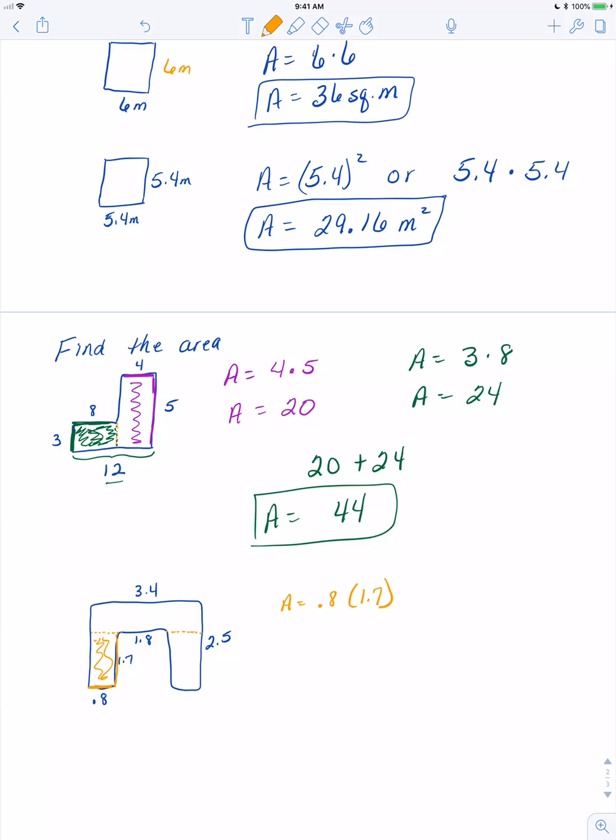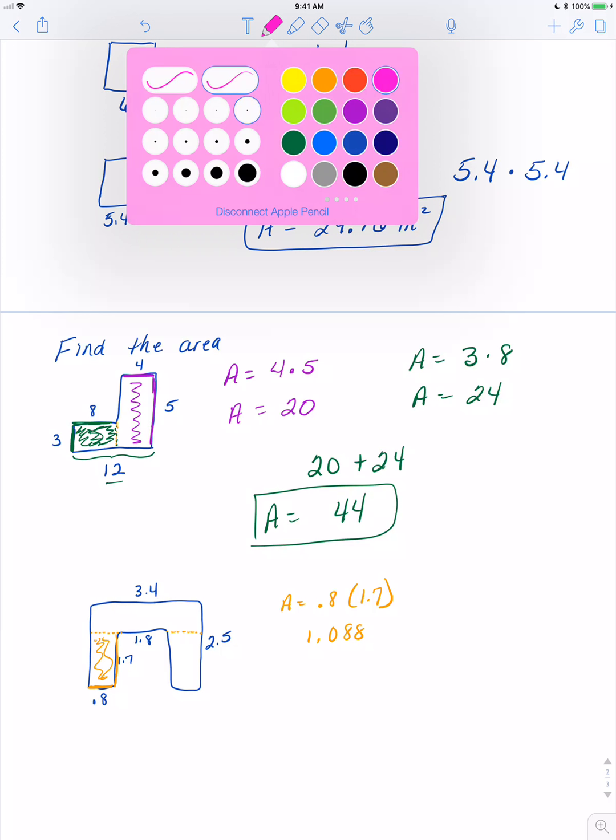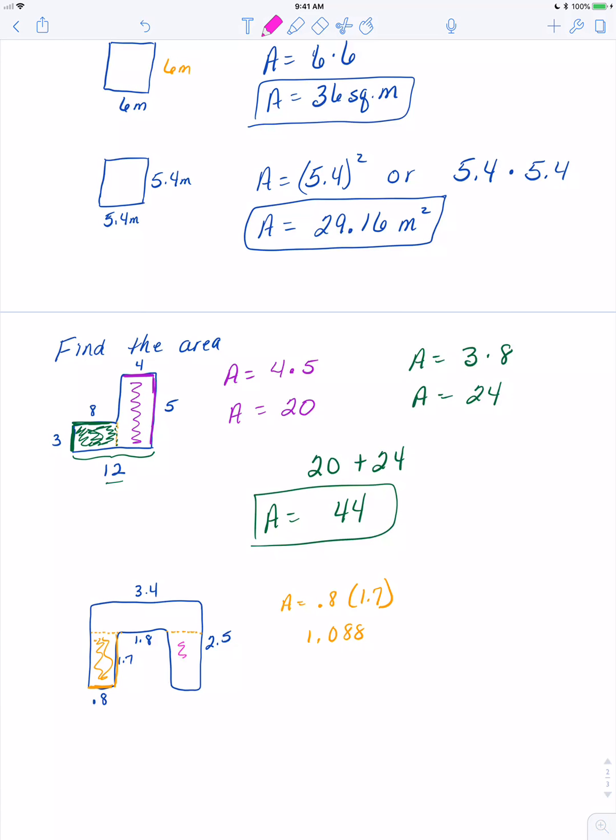That would give us 1.088 for that section.